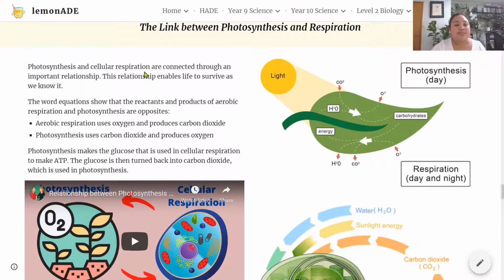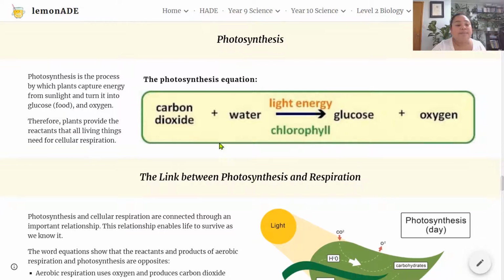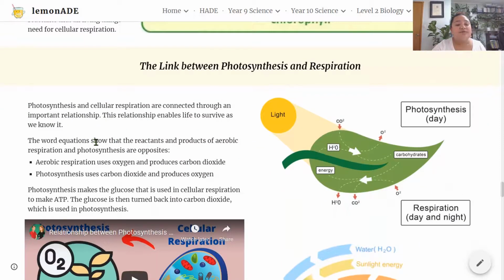Photosynthesis and cellular respiration are connected through an important relationship, and this relationship enables life to survive as we know it. The word equations of photosynthesis and respiration show that the reactants and products are complete opposites.